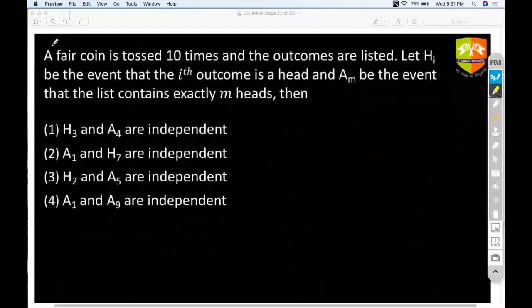That's a question from probability, question number 22. Please read the question very carefully.